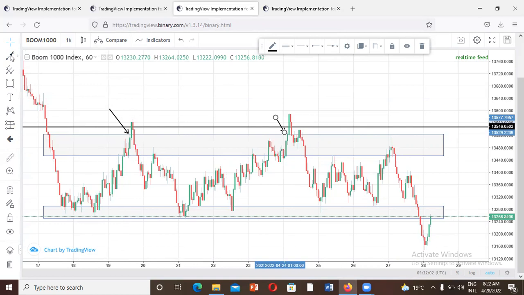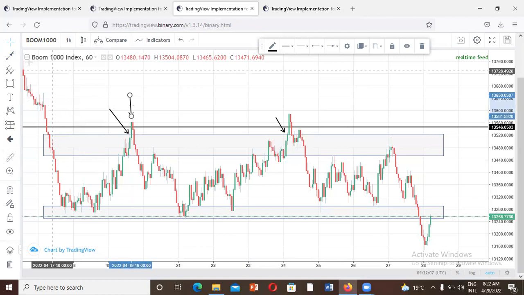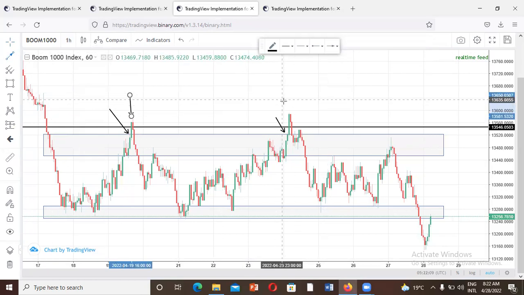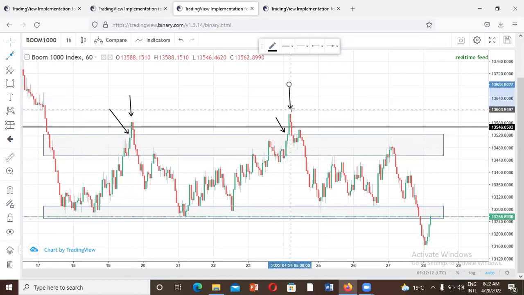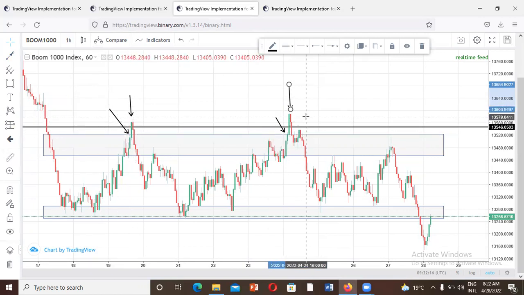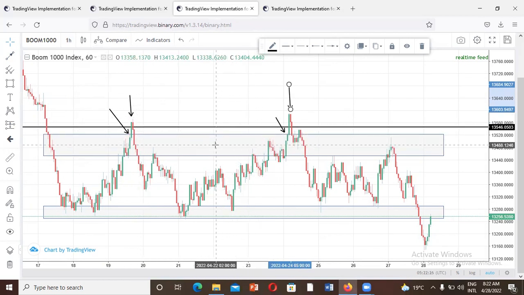Now, this is where you get a rude awakening, because it goes against you, and most times this candle would have hit your stop loss, and this is because you entered here thinking it was going to reverse to the downside, and it continued going up to this level. For this it even went higher. So that's why being impulsive is not good.